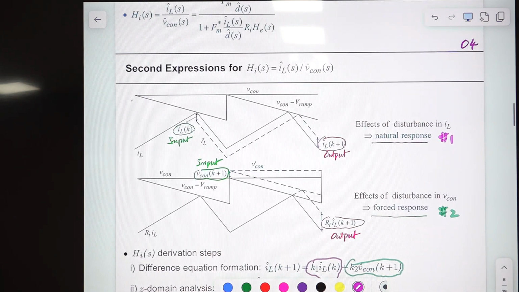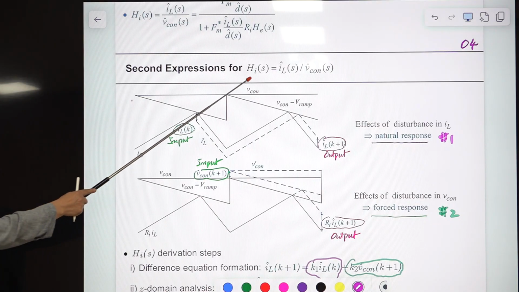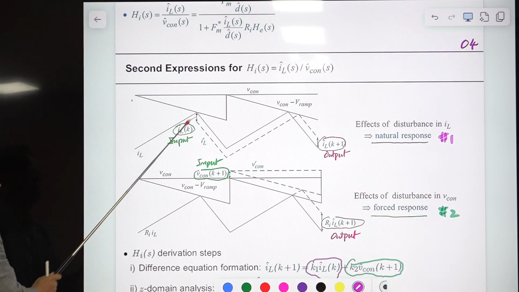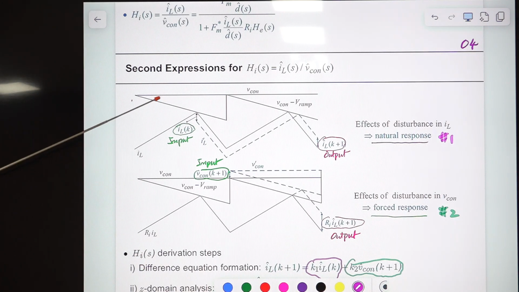The second equation is this one. We derive this from this geometry, from the operational principle and circuit waveforms, we can derive another expression of this. All right, so there are two sources of disturbance. One is this current signal, the other one is this control signal.